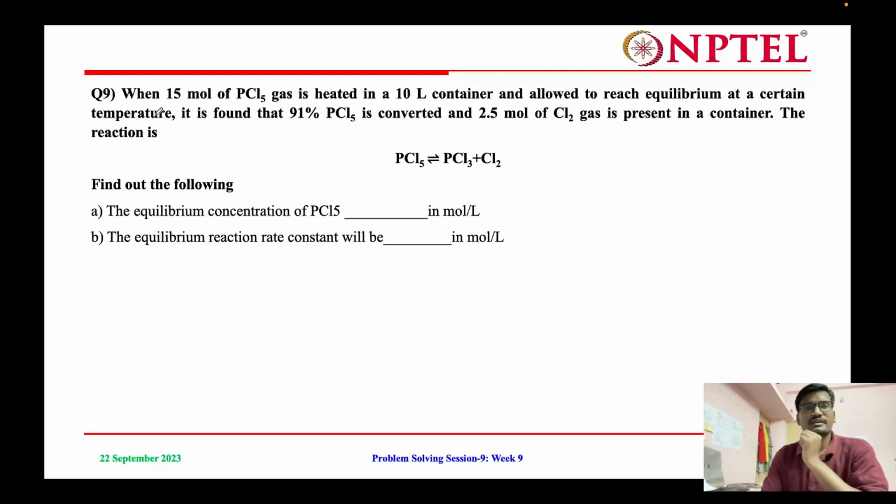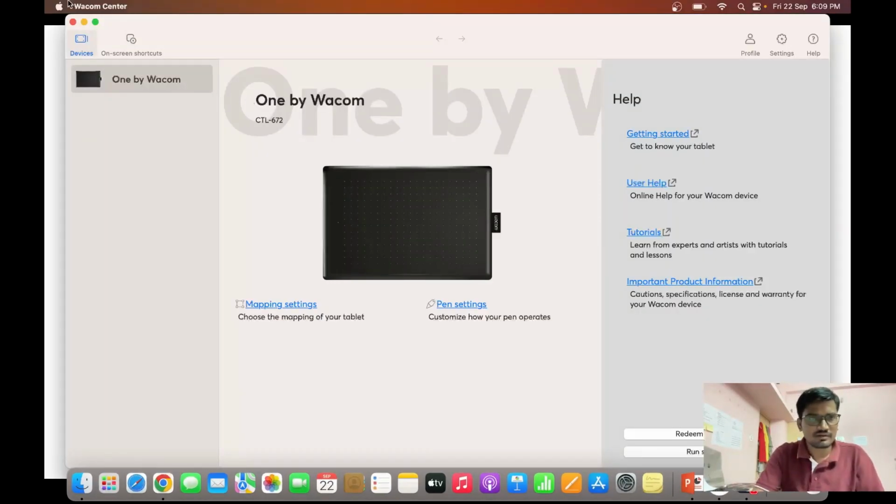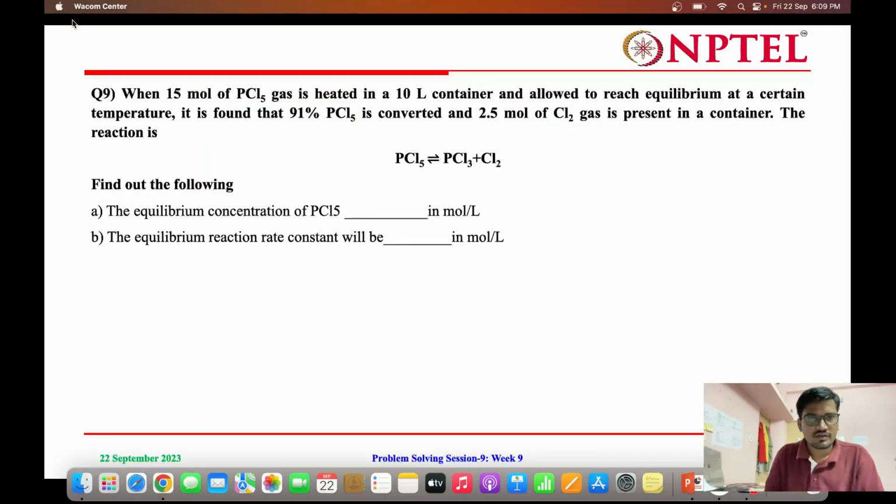Moving to question number 9. When 15 moles of PCl5 gas is heated in a 10-liter container and allowed to reach equilibrium at a certain temperature, it is found that 91% of PCl5 is converted and 2.5 moles of Cl2 gas is present in the container.